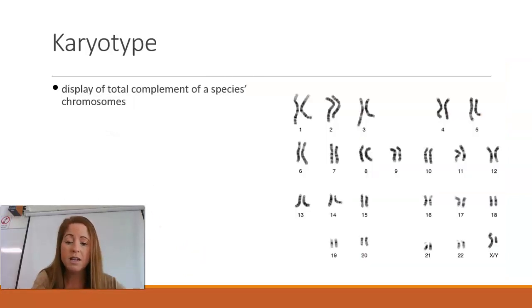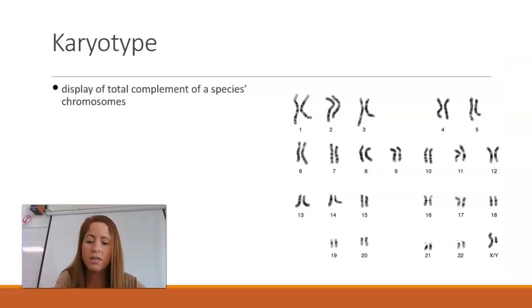So if we look at a karyotype of this, a karyotype is a picture of someone's chromosomes. And then this picture is put together to show, we've analyzed these in class before, but we pair up the chromosomes. In humans, chromosomes are numbered 1 to 22, and then there's a 23rd pair, that's the sex chromosomes.